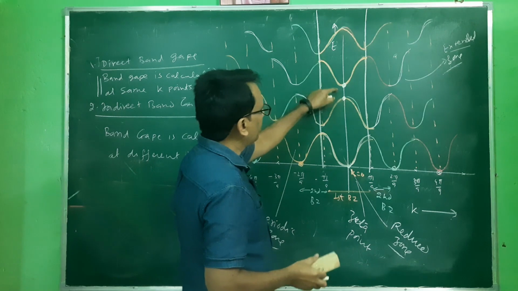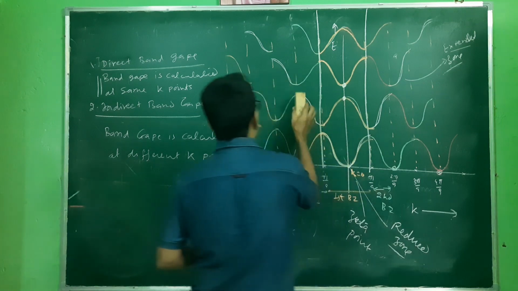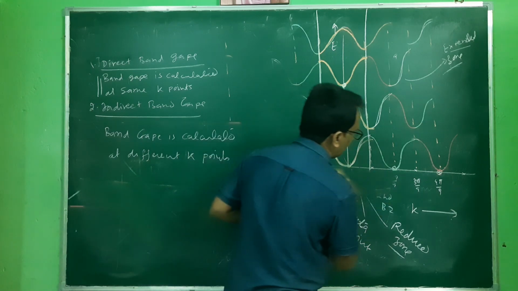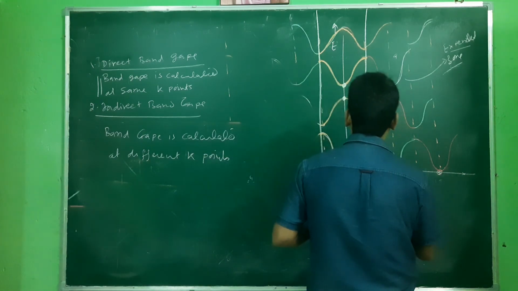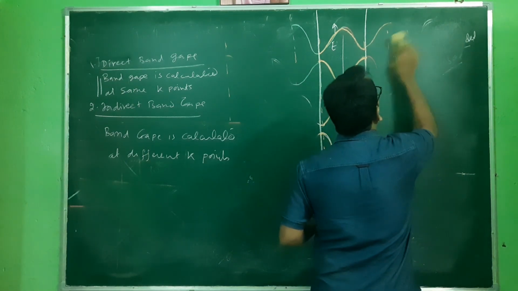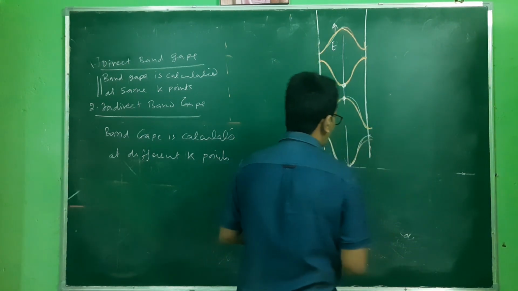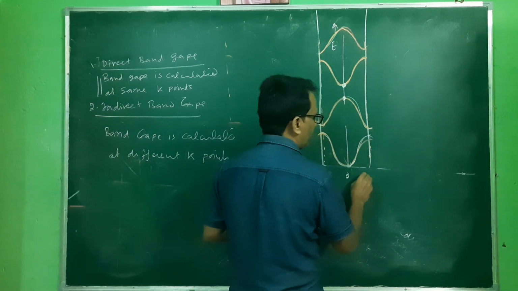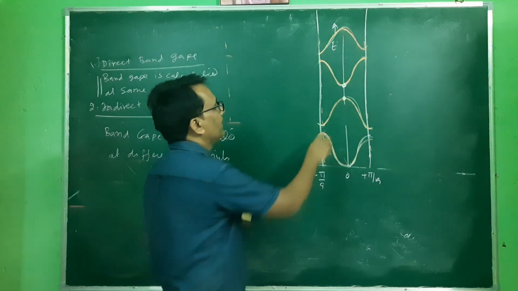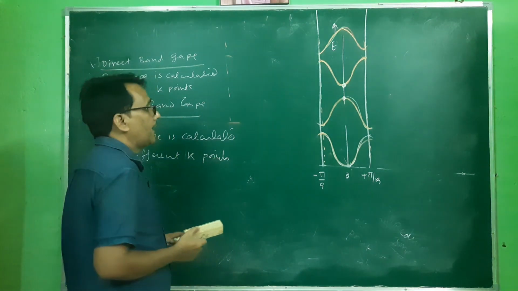So here this is the direct band gap type material, in a reduced zone. Here it is 0, and here minus pi by a and plus pi by a. So here the band gap is calculated at the same K point. So this is known as the direct band gap material.